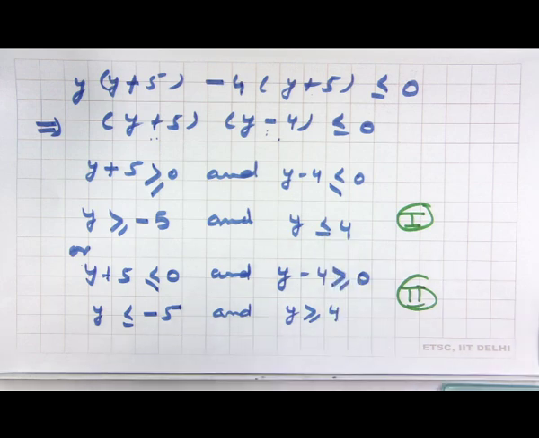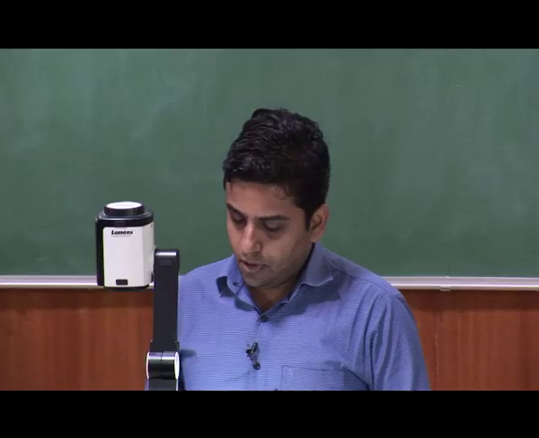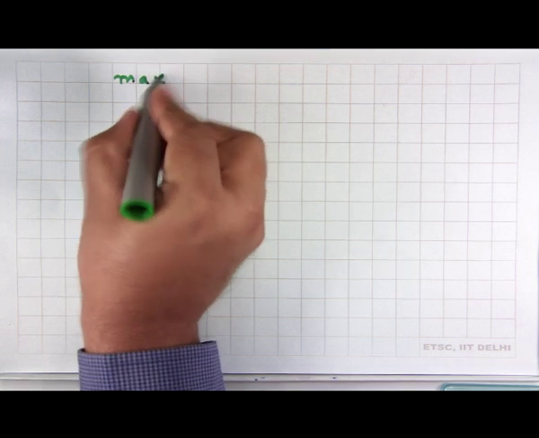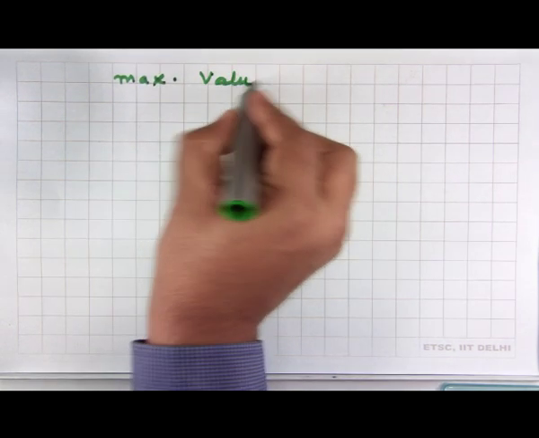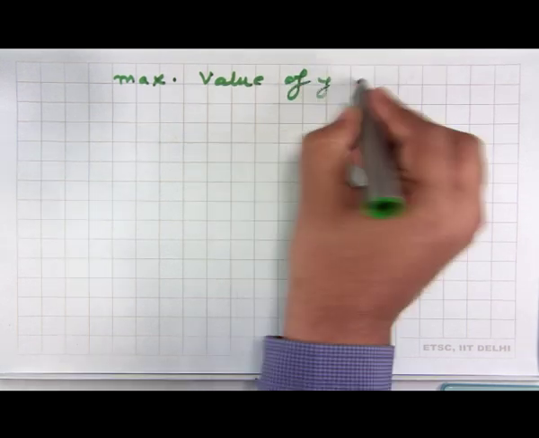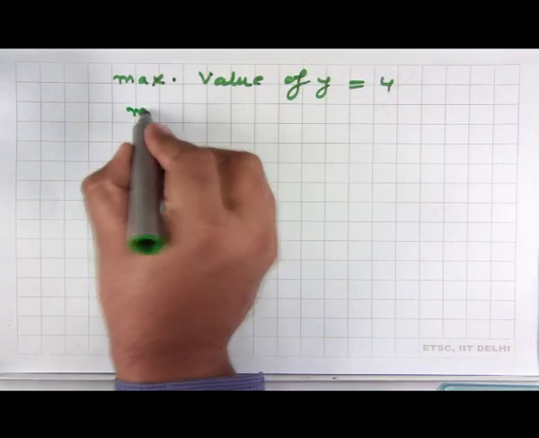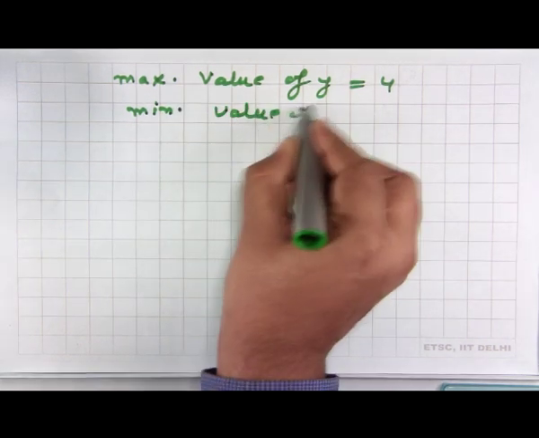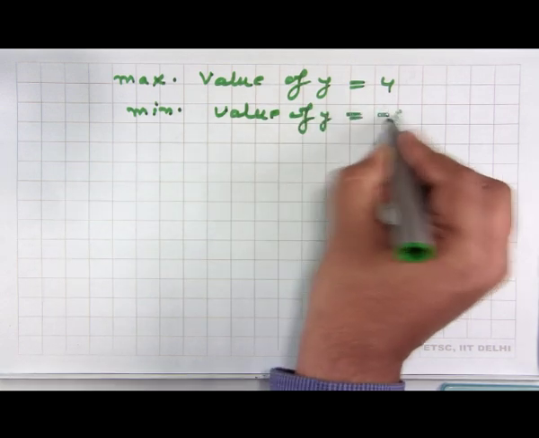It means the maximum value of y is 4 and the minimum value of y is minus 5.